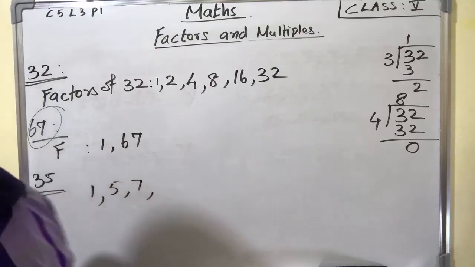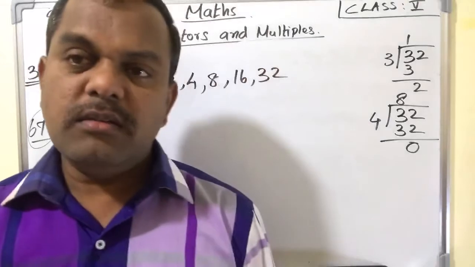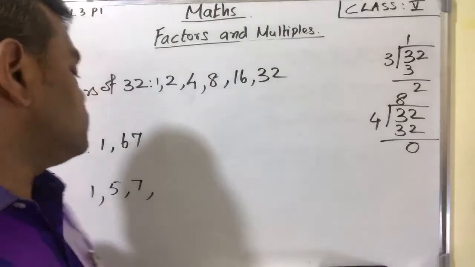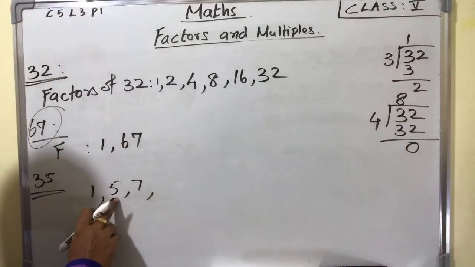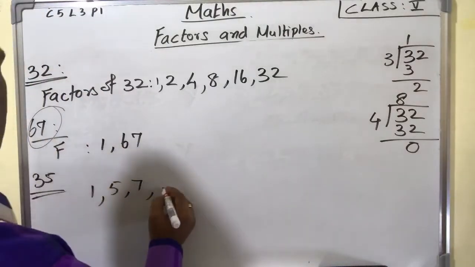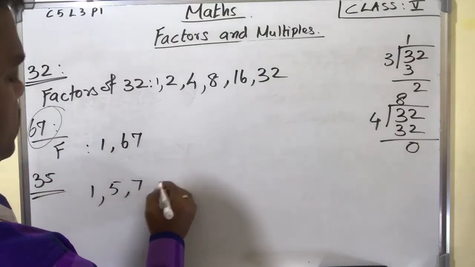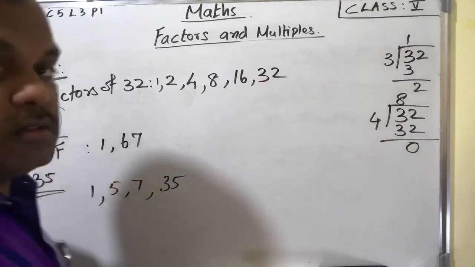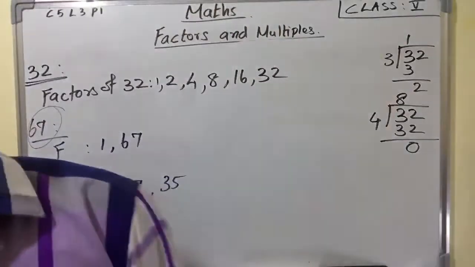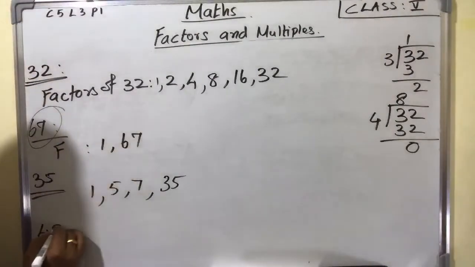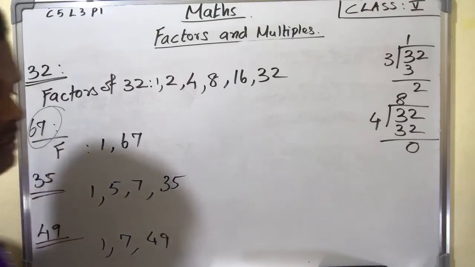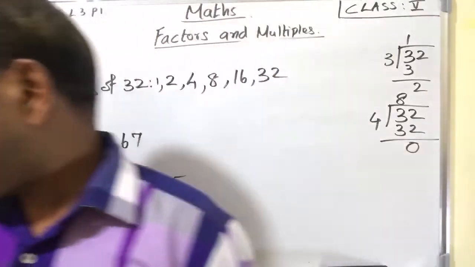After 7, 8, 9, 10, 11, 12, 13, 14 no. So 1, 5, 7, and 35 only. Only 4 factors. Next, 49. 1 will divide, 7 7s are 49. After that 49 only, no other factors. So like that you have to write factors.